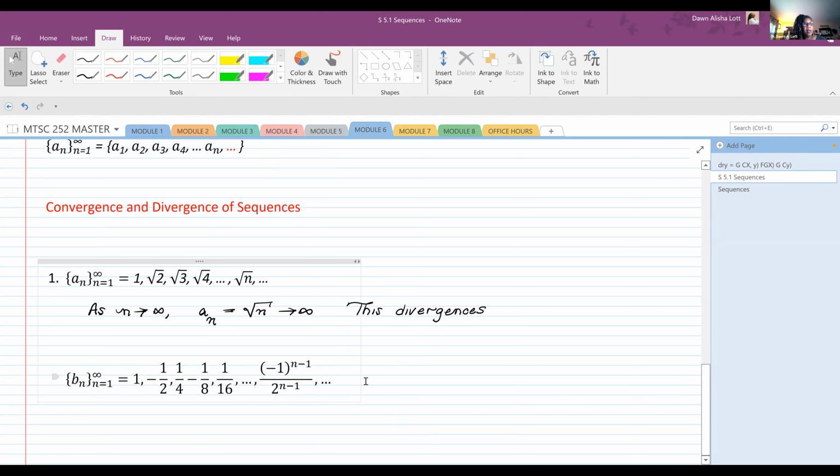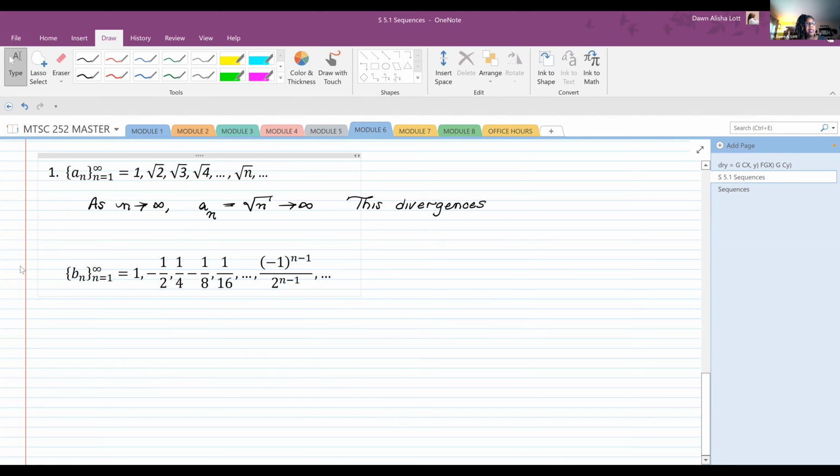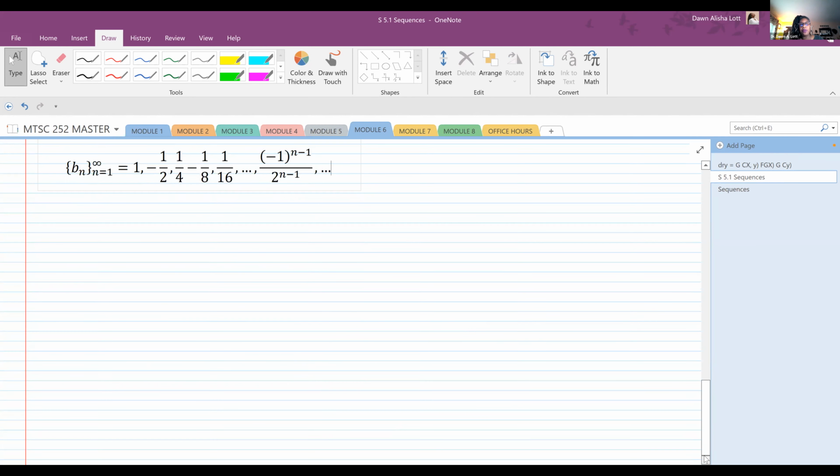All righty. So here's sequence b_n, and b_n is the sequence 1, -1/2, 1/4, -1/8, 1/16. Well, what does this sequence actually look like? Let's draw it. Let's draw the actual sequence itself. We're going to plot the actual numbers.